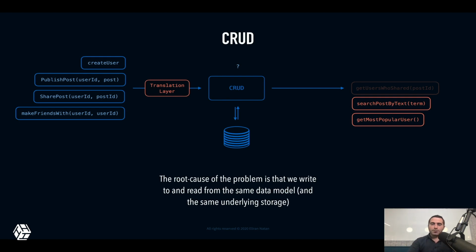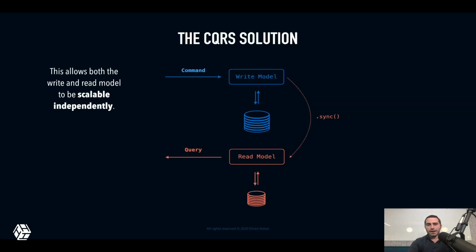So this is where CQRS comes into our minds. CQRS is a solution that implies that you can and should, when necessary, split your data model into two. The first part is the write model. This is where the state of the application gets changed.